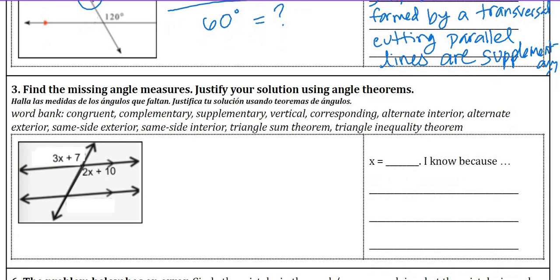Next, find the missing angle measures. Justify your solution using angle theorems. Okay, this time I have vertical angles, so whatever x turns out to be, I already know I know because vertical angles are congruent.